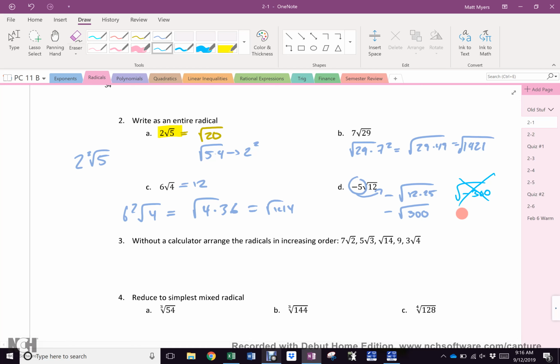A lot of kids say, okay, then it's the root of 300, because when I bring negative 5 under there, it's negative 5 squared, right? But it can't be that either, because this symbol means I am on the left side of 0. So I need to have that negative still. That's why that is the right answer. Is everybody cool?